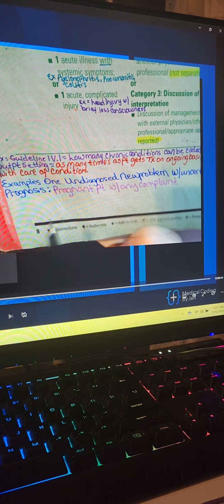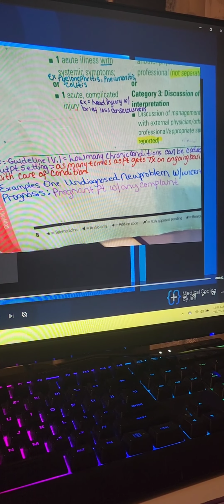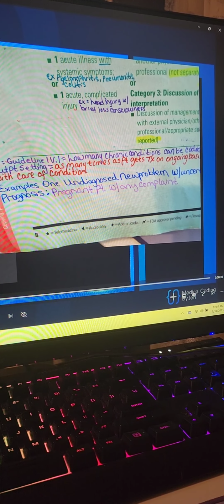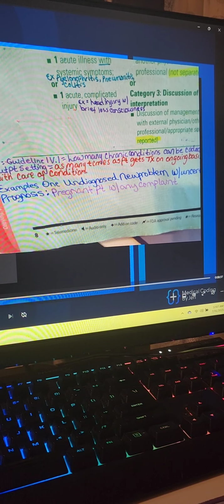So if we happen to have this example, that's what we would have, would be moderate for that particular element of MDM.